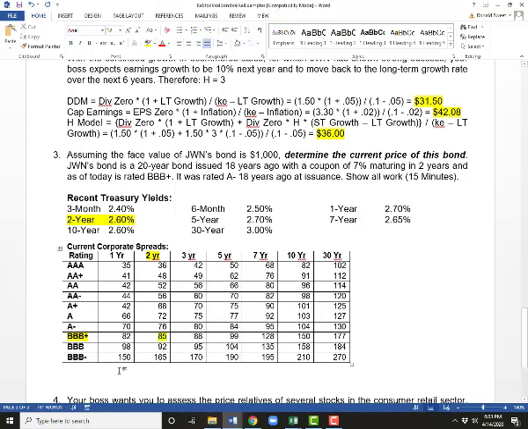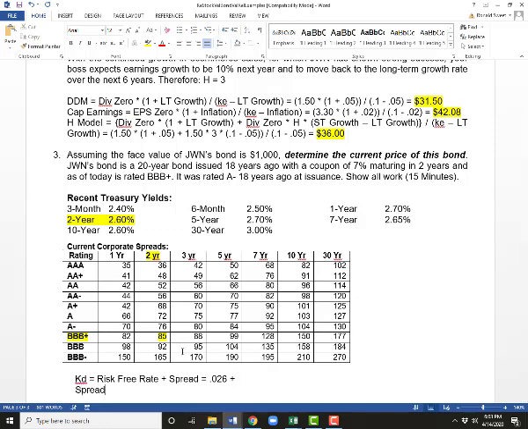So what we'll do is get our discount rate, KD, equals the risk-free rate plus the spread. In this case, our risk-free rate is 0.026. It's the 2-year treasury because we're looking at a 2-year. I didn't give you the 20 years, so you don't have that choice. So 0.026, and then the spread is 85. Remember, you take the spread and divide by 10,000.